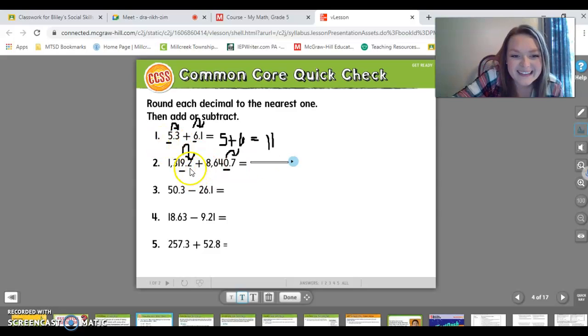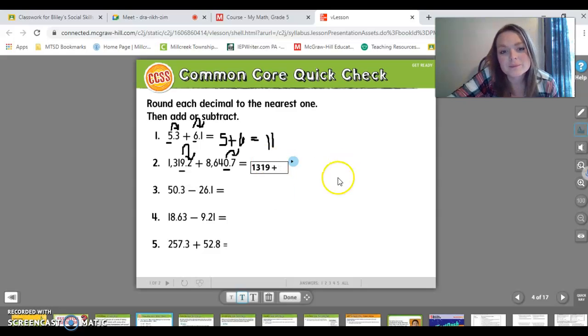We're going to look at our 9 and we're going to look at our 2. Okay, our 2 is, we are going to drop it off. So we have 1,319 plus, then I have 8,640 decimal 7 tenths. My 7, I'm going to bump it up and I'm going to make it 8,641. What does that equal?